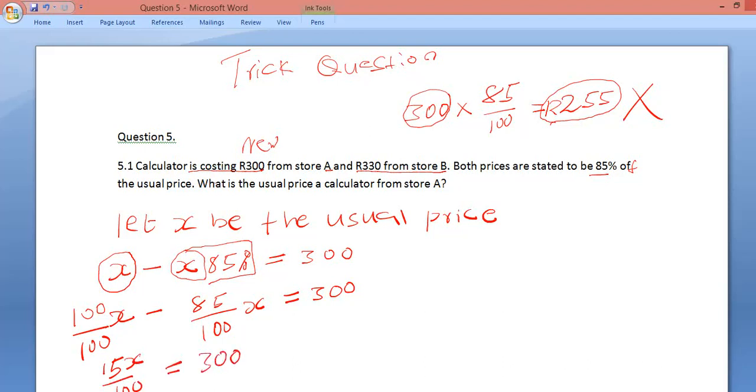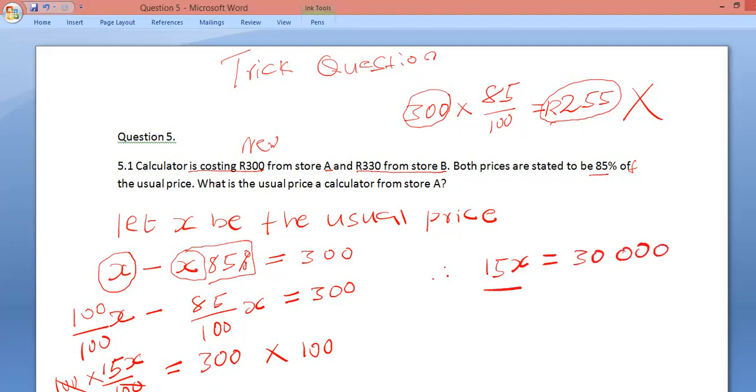Okay, and what else can I do here? Let me multiply by 100 both sides. So this 100 and this 100, what will be left here is 100 times 300, that is 30,000. So we can say that therefore we have 15x is equal to 30,000.